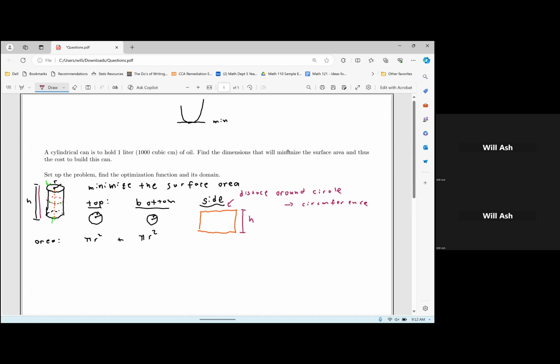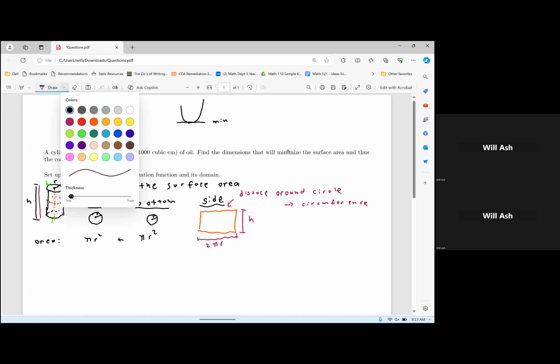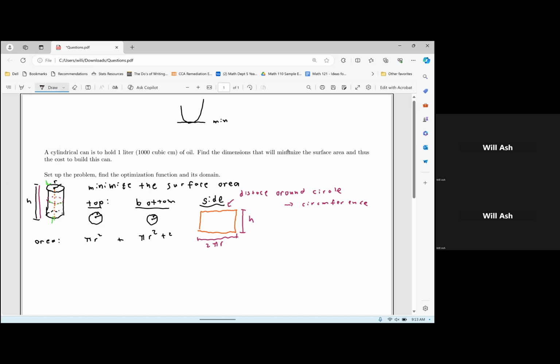And so there we go. That's the other length right there, 2 pi r. So if we want to have a surface area function, I guess we're going to be adding 2 pi r times h right there. I guess that looks kind of messy, but base times height, right?